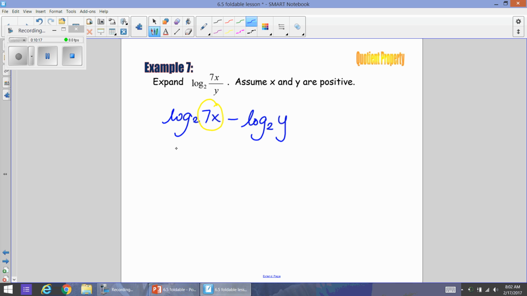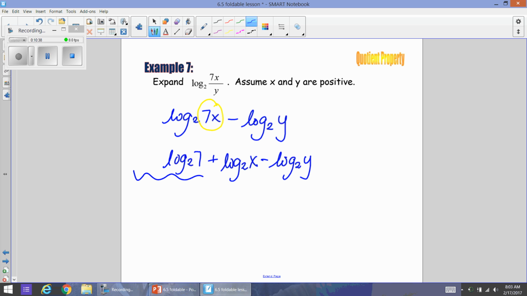Now my next step would be saying, okay, I know that 7x breaks up, so log base 2 of 7 plus log base 2 of x minus log base 2 of y, and I break it up that way.